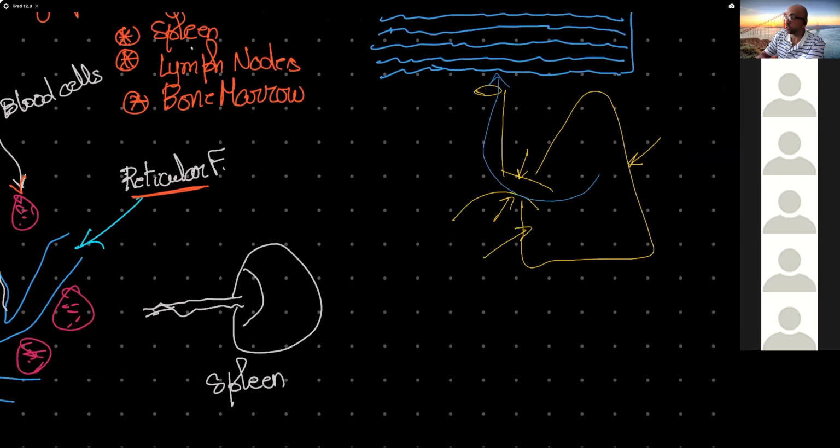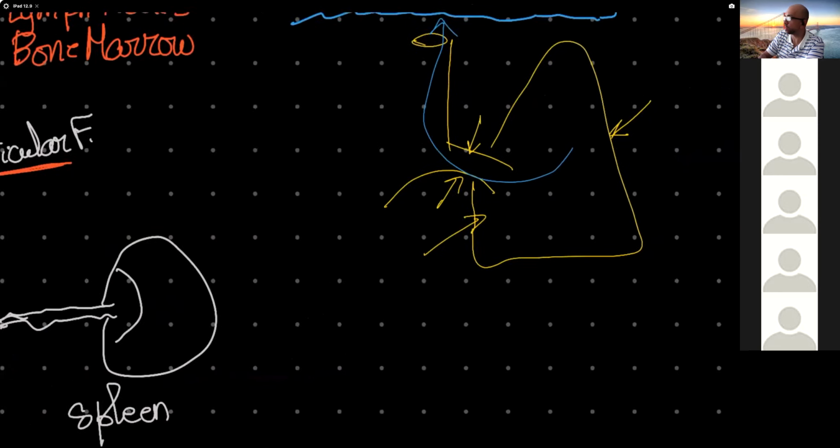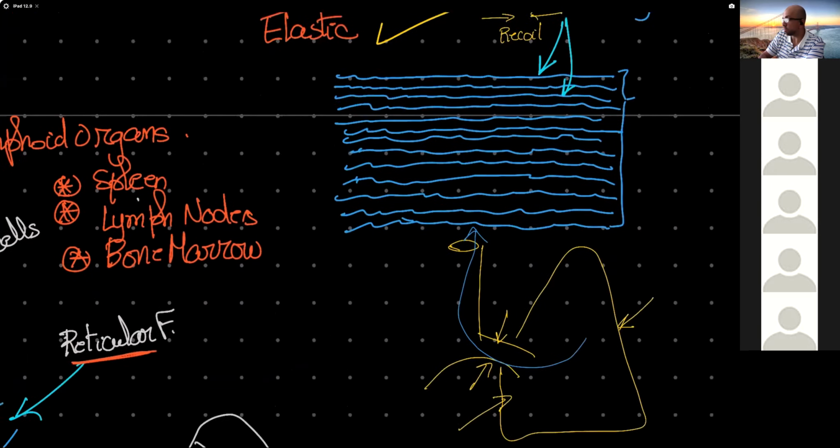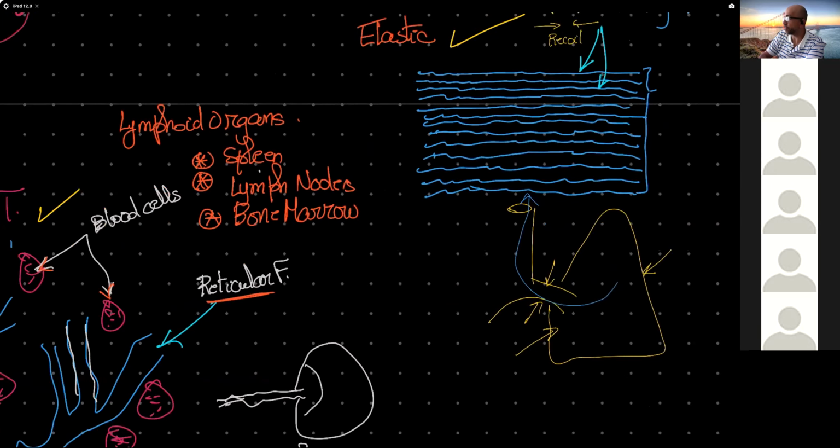The most common wrong answers that I see here for elastic connective tissue, can you guess what is the most common wrong answer for the location of elastic connective tissue? Any guesses? Urinary tract.